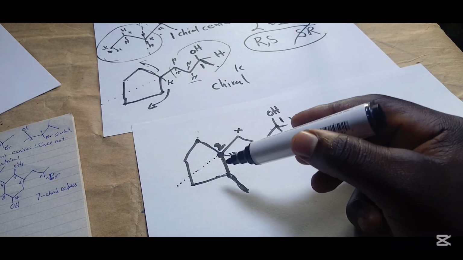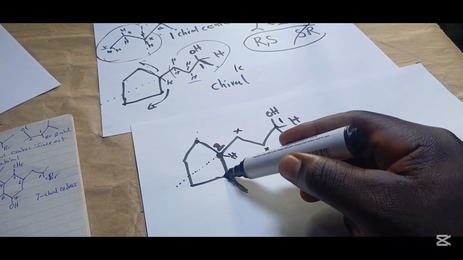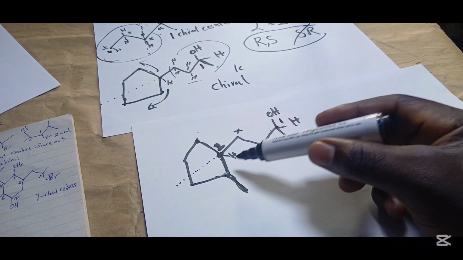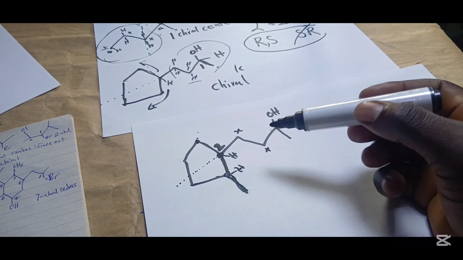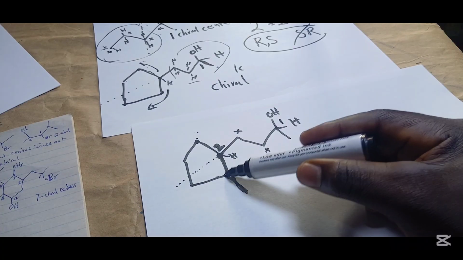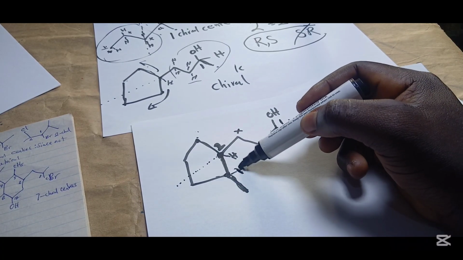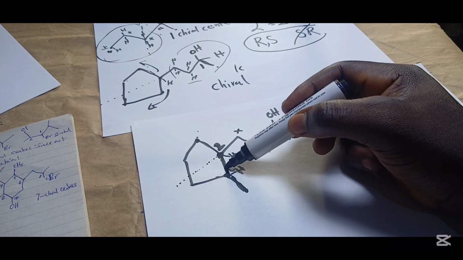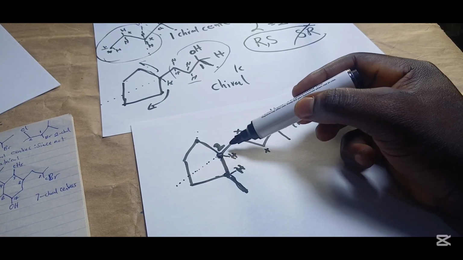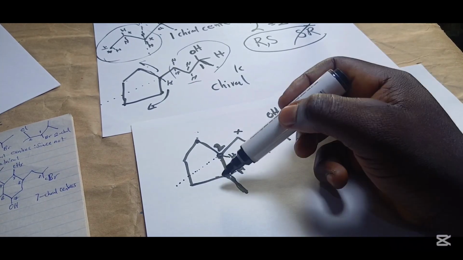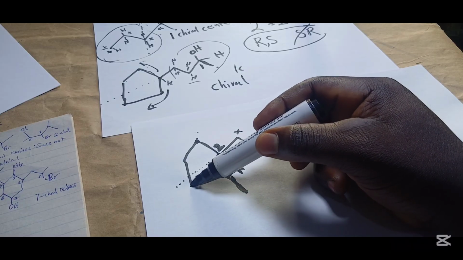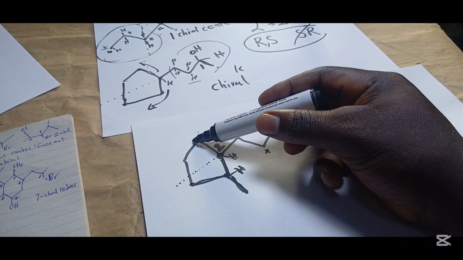So now let's look at this carbon. Is it chiral or achiral? There is a hidden hydrogen here. Well, this carbon has a methyl group here and a hydrogen attached to it. If we trace it to this side, it has a carbon with a substituent here. If you trace it to that side, it has a carbon with a straight substituent.